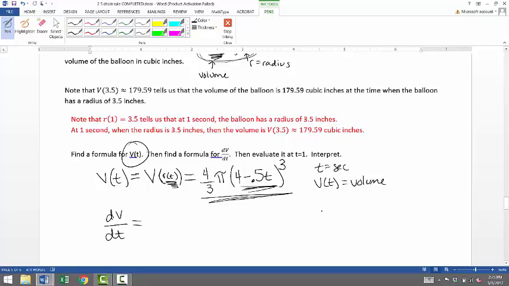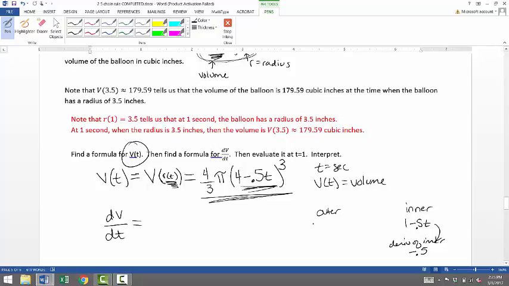So if we need to, we can go off to the side and think outer function and inner function. Our inner function is this 4 minus 0.5t, and the derivative of the inner function is just negative 0.5.